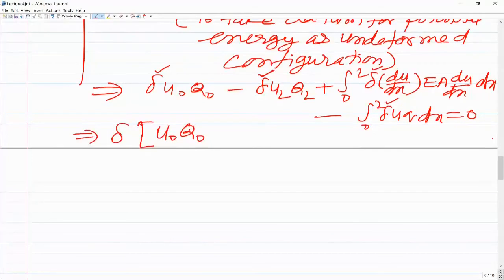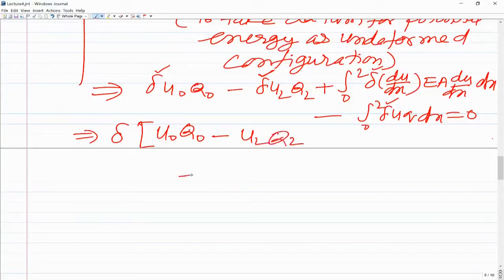But in this, Q_0 is taken as a known quantity, so its variation is basically 0. When you use the product rule for differentiation, delta of u_0 into Q_0 would be delta u_0 into Q_0 plus u_0 into delta Q_0, but delta Q_0 would be 0 because we are treating that as a known quantity. So that is why we can write it like this, and the second term would be u_L into Q_L.